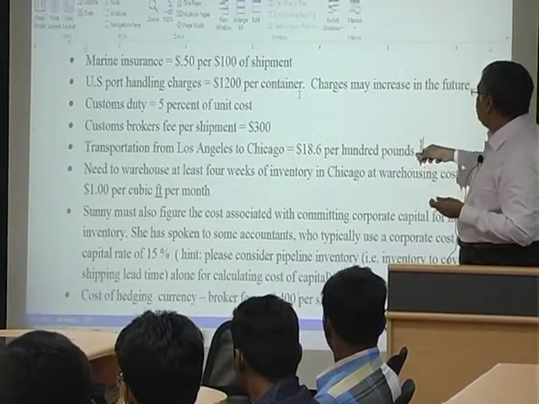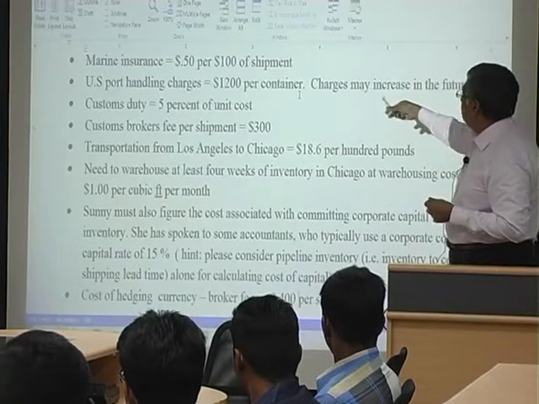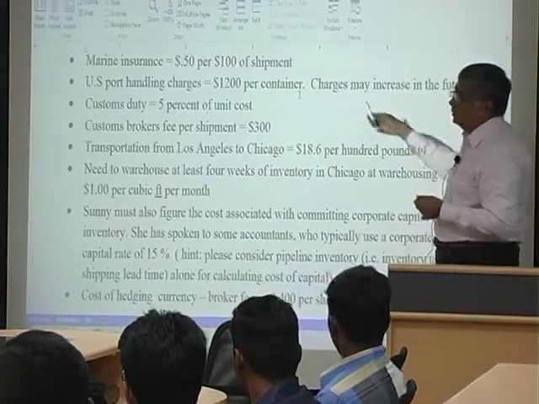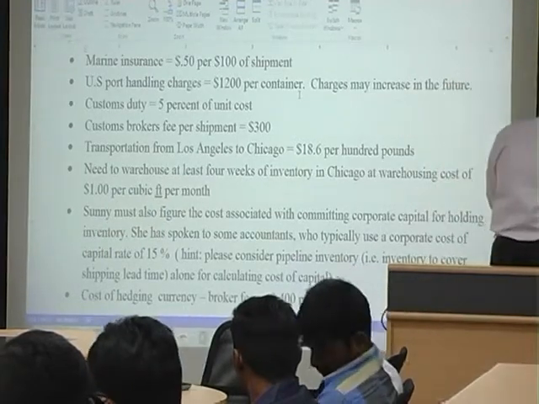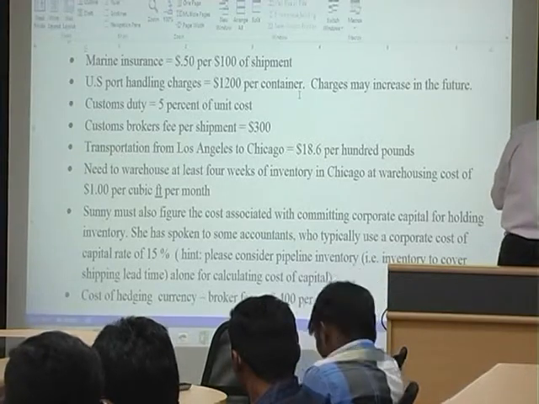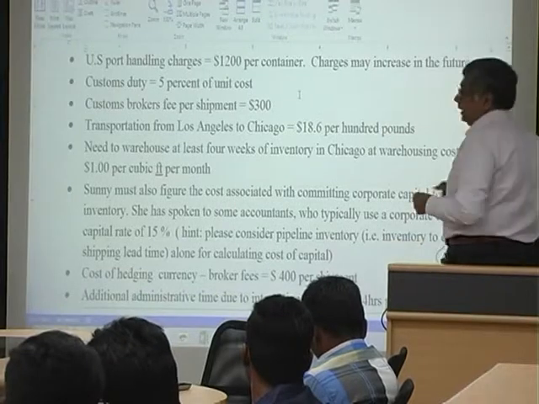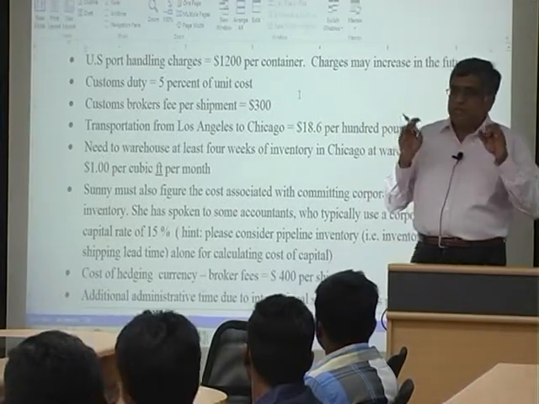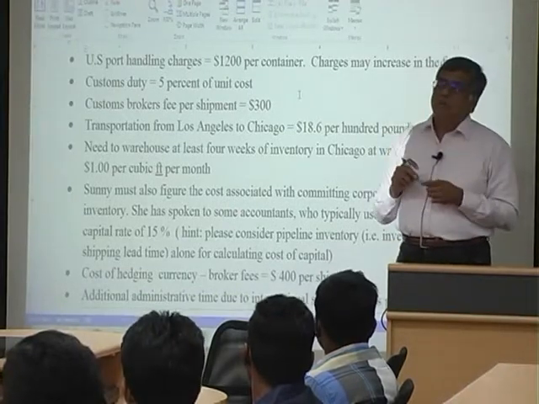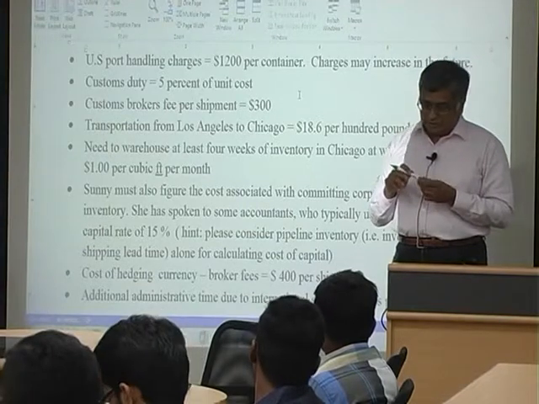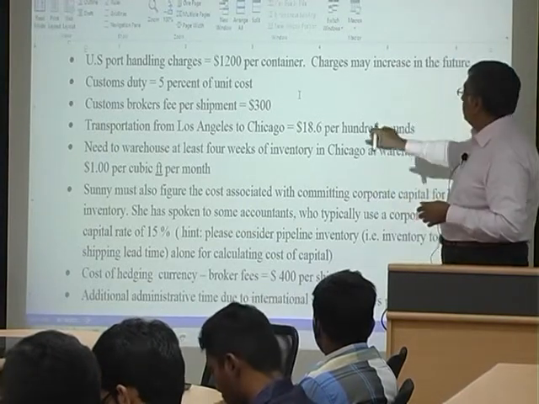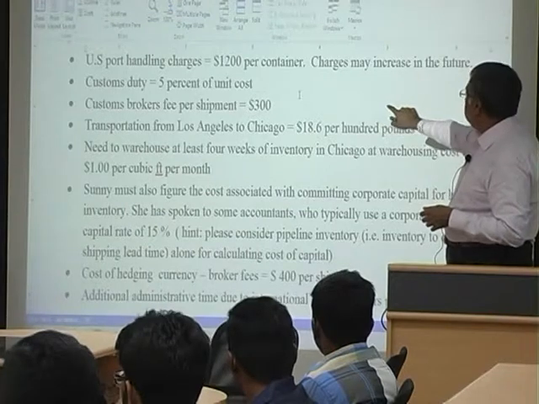So the first time that we are seeing that, the technical term for this is called ad valorem. It's a Latin term to indicate that the charge is based on the value of that material till that time.